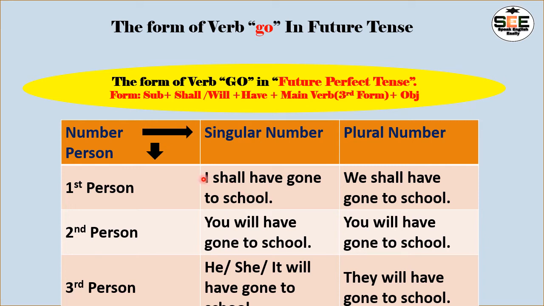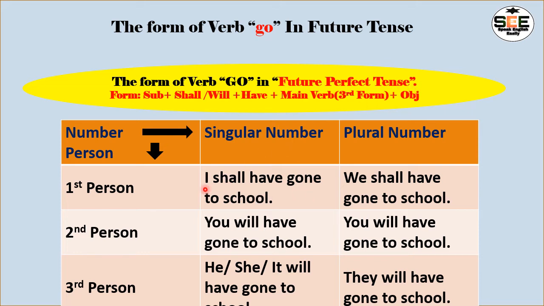So here I is the subject and shall is an indicator of future tense, and have is the helping verb, and gone is the main verb's past participle form. Go's past participle form is gone, and school is the object.